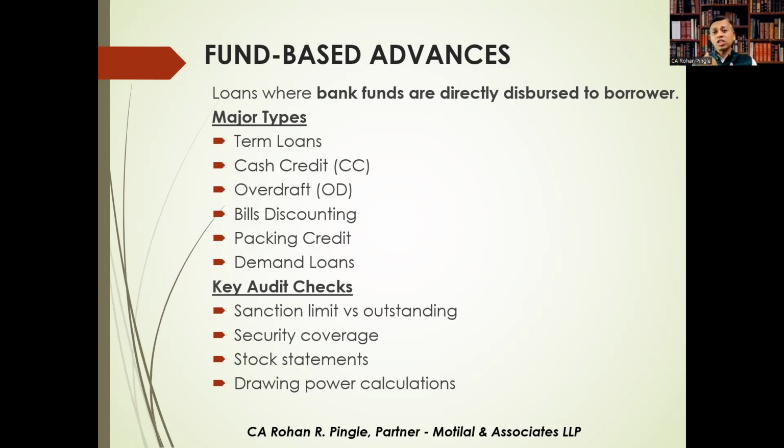So the auditor must verify whether drawing power is correctly calculated, whether limits are exceeded, whether security margins are maintained or not. So this needs to be taken care of. If you have seen in the types for the fund based, that is the term loan, cash credit, overdraft, bill discounting, packing credit, demand loans, various types of fund based.